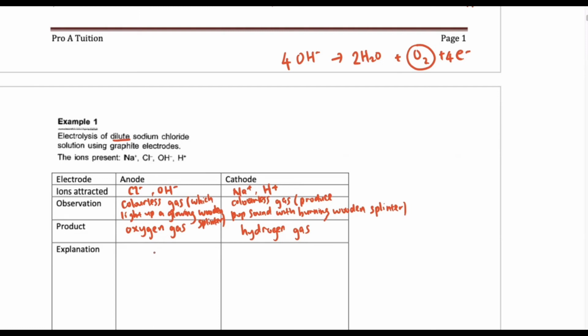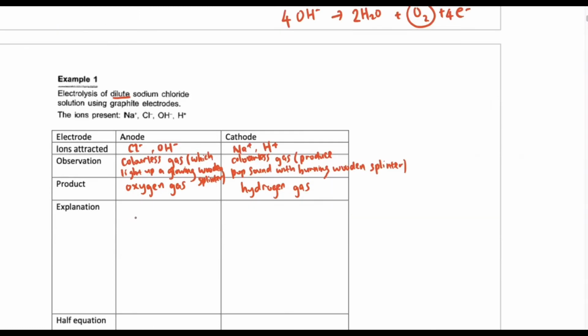Okay, explanation. I'll just say how to explain. You can just say hydroxide is less reactive than chloride, so hydroxide is chosen to be oxidized to form oxygen gas.